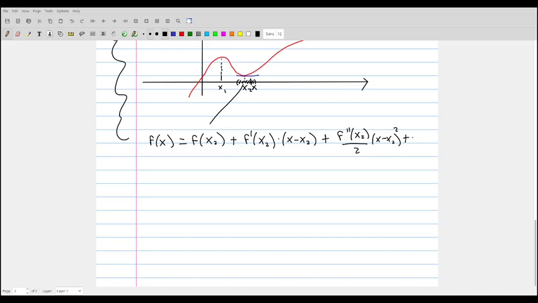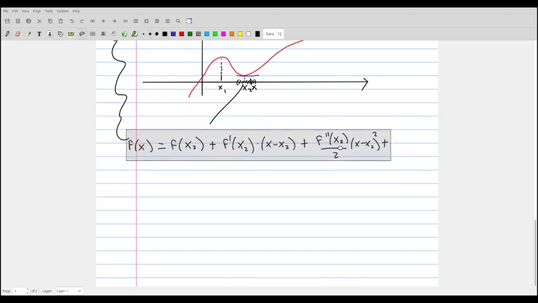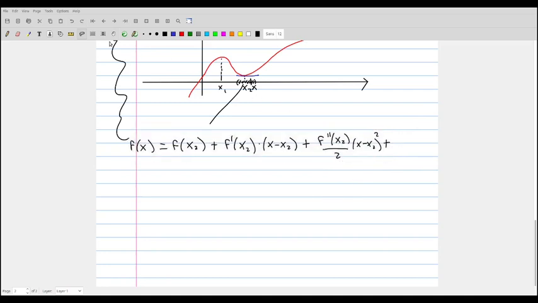And then we add to that the error term, or the remainder term, in the Taylor series approximation, which we'll call R2, and which depends both on x and on x naught, with the property that R2 goes to 0 very fast.